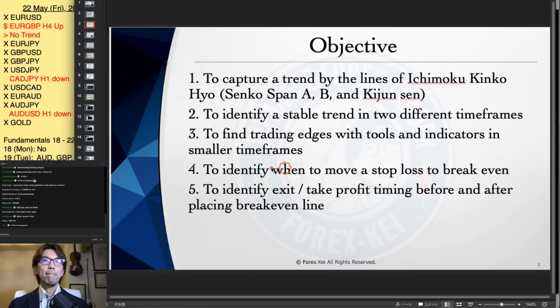So, the fourth objective, the next objective on this PDF or the KTS, is going to be to identify when to move the stop loss to break even. And this is a very important concept too.